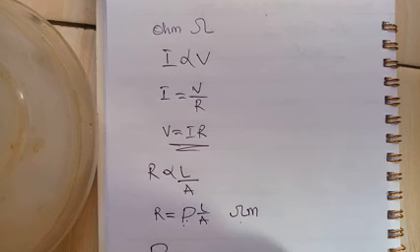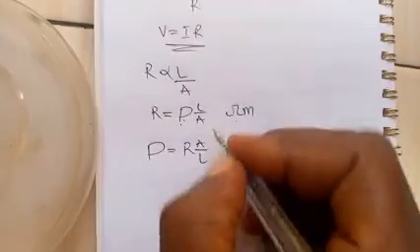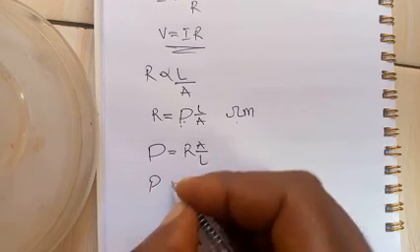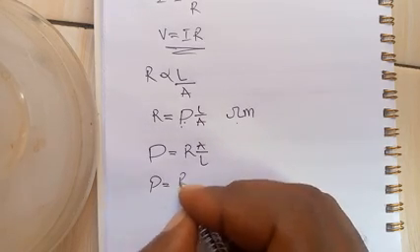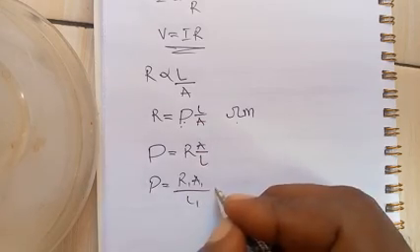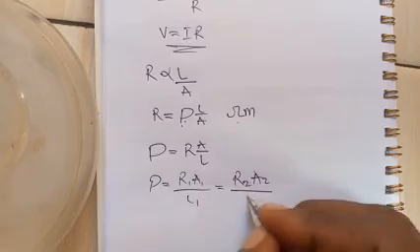Resistivity is equal to R A over L. In terms of two materials, we can have that resistivity is equal to R1 A1 over L1 equal to R2 A2 over L2.